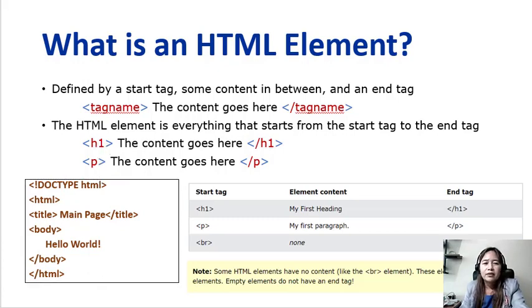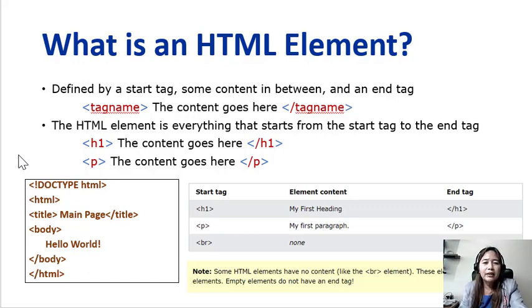Alright, so this is an example of an HTML element. It starts with the start tag and ends with the paired end tag, and all the other content in between is also referred to as element content, or as an HTML element.